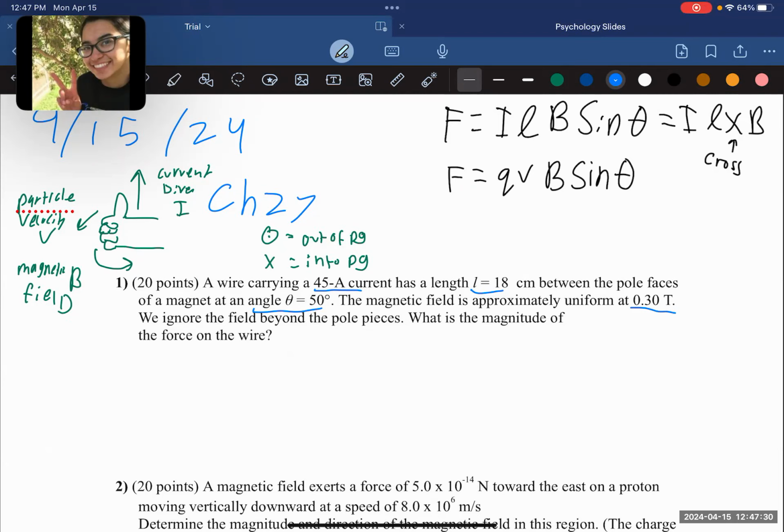Okay. So if we were to draw this, we have a wire which is 18 centimeters long between the pole faces of a magnet and then the magnetic field.